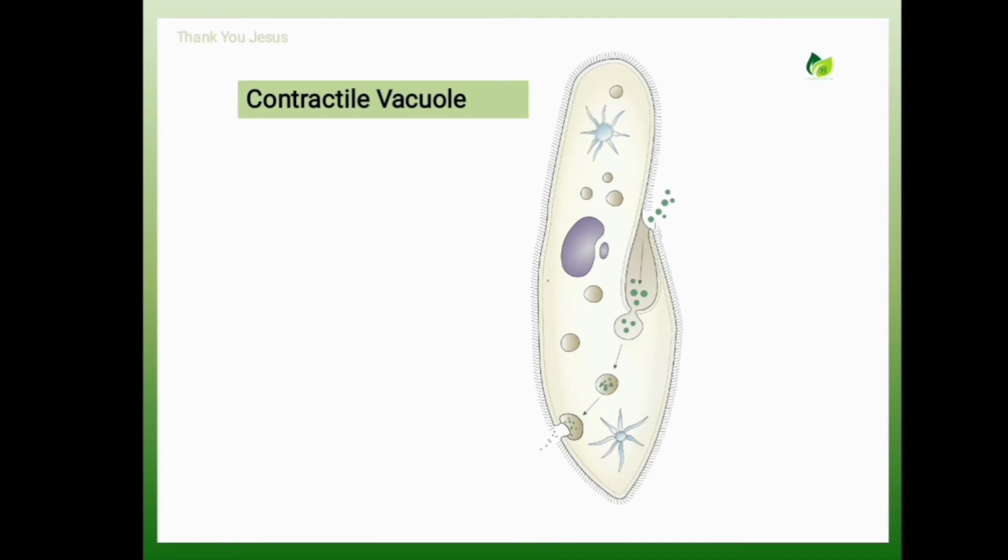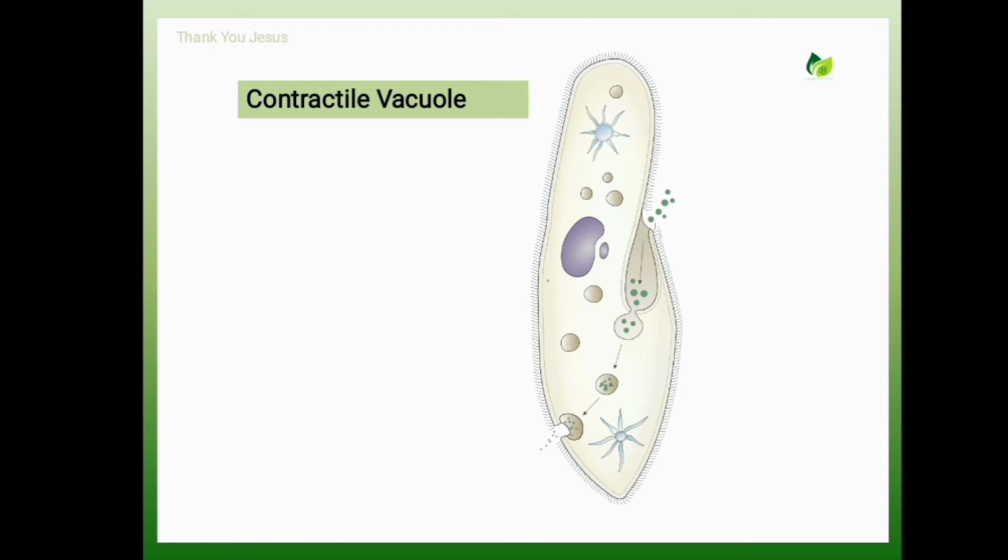Okay, so the swollen contractile vacuole comes in contact with the plasma membrane and collapses. You can see the picture carefully. The collapsing is called systole. This throws the vacuolar contents into the medium. It is nothing but osmoregulation and excretion.